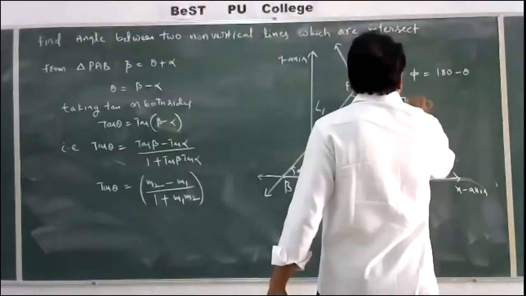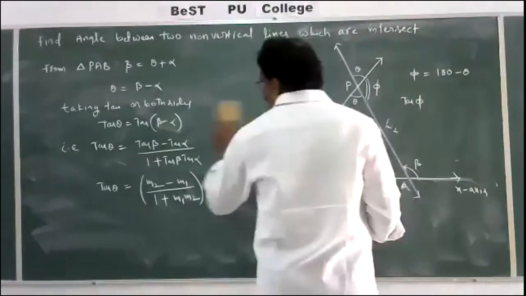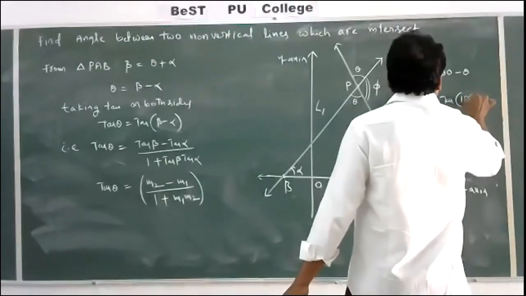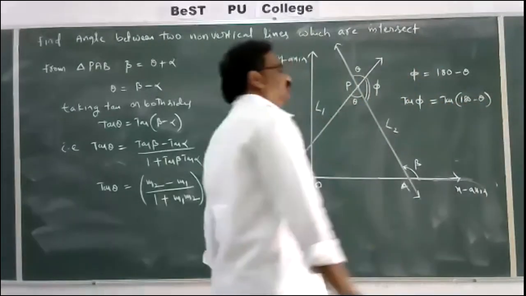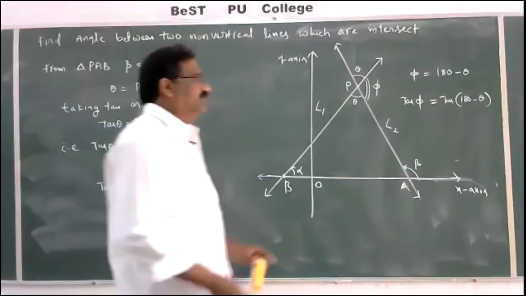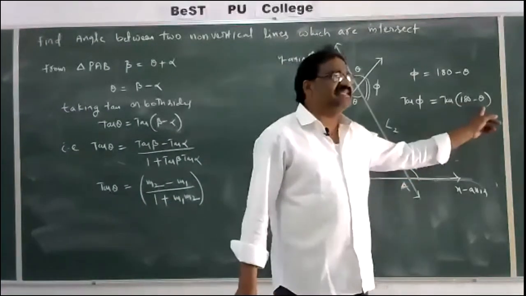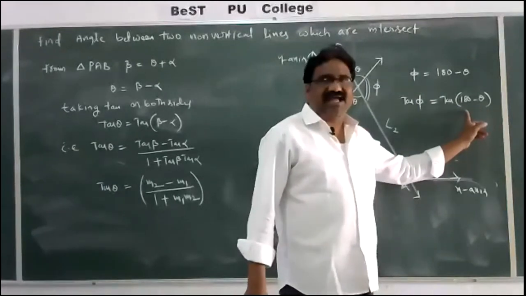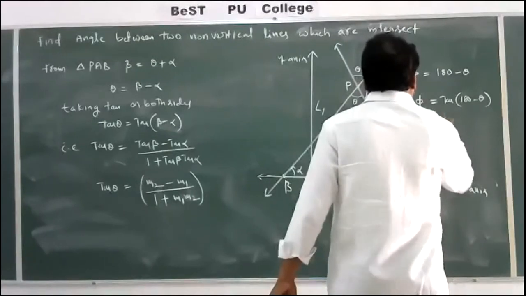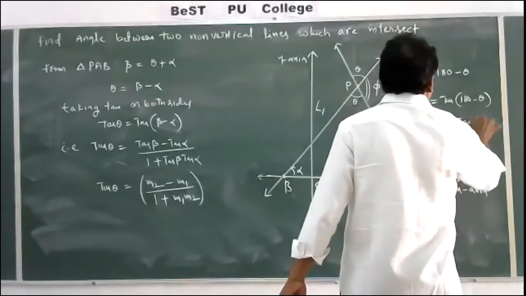Tan phi is equal to tan of 180 minus theta. Yesterday we discussed that 180 minus is the second quadrant, and in the second quadrant tan is negative. Then you get minus tan theta. Tan phi is equal to minus tan theta.